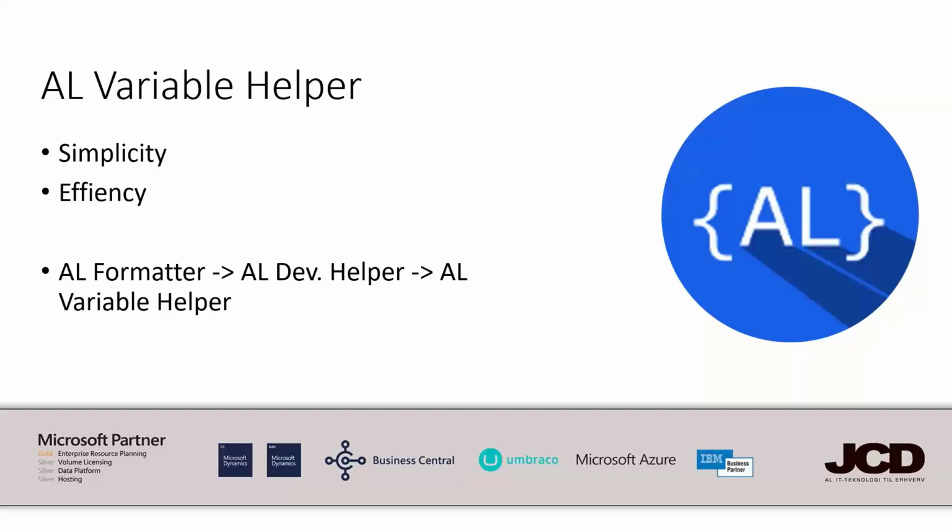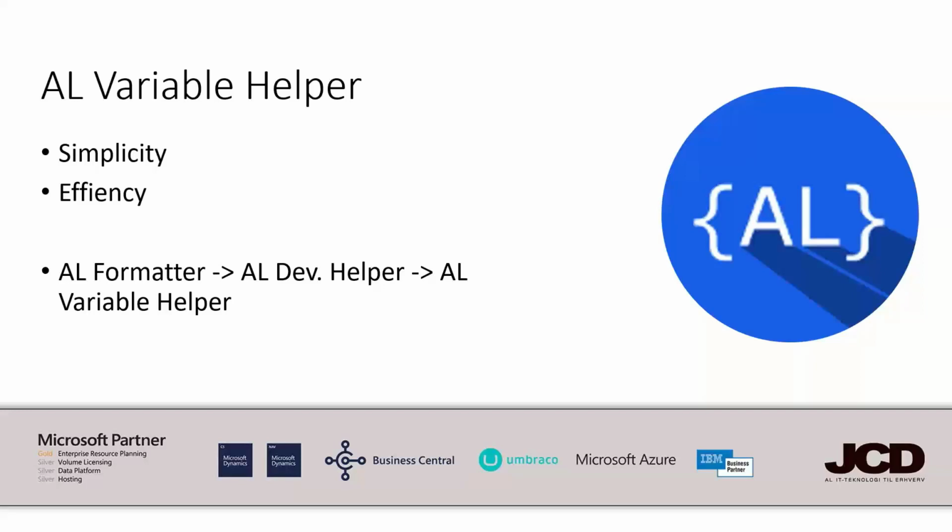The AL formatter were introduced by Microsoft a year later, I think, which made me create a new extension internally at JCD, where we have one extension that manages everything that the developer does on a daily basis. So creates Docker environments and manages repositories and all that stuff.